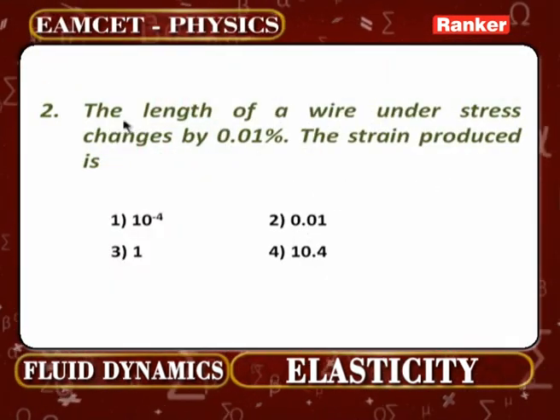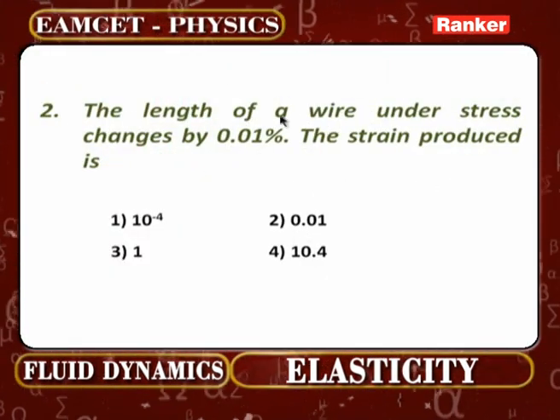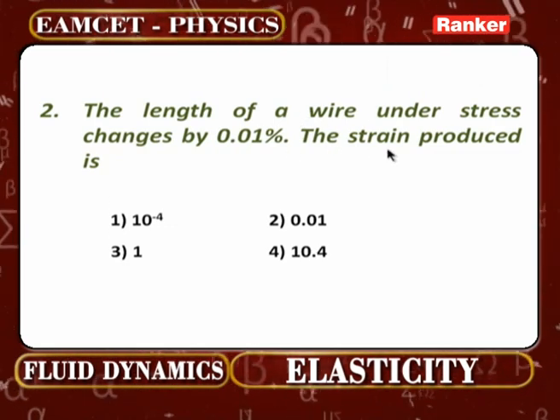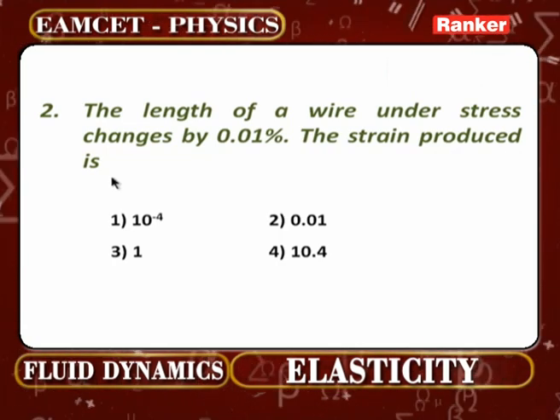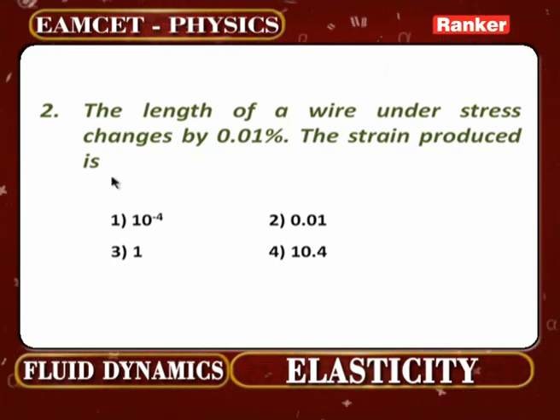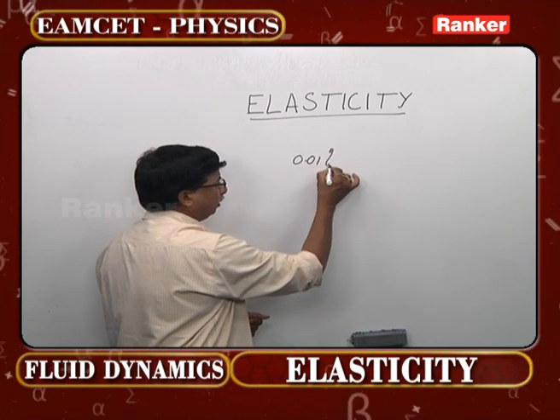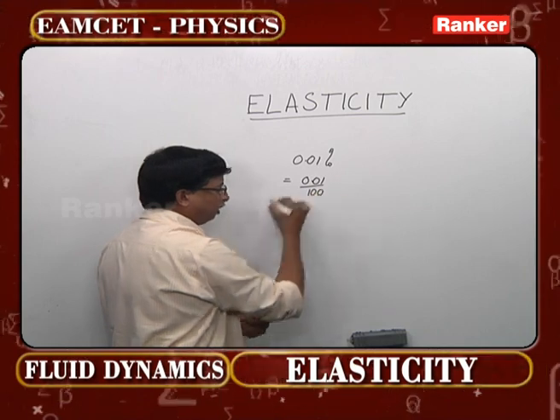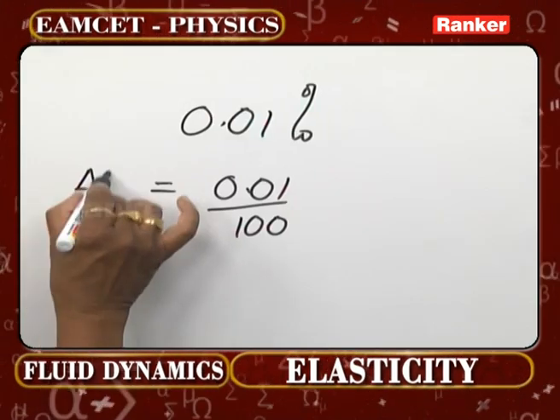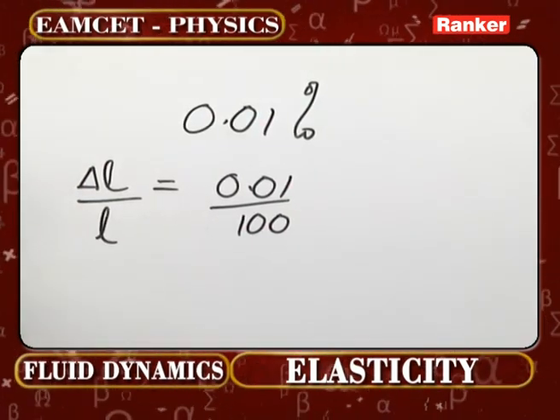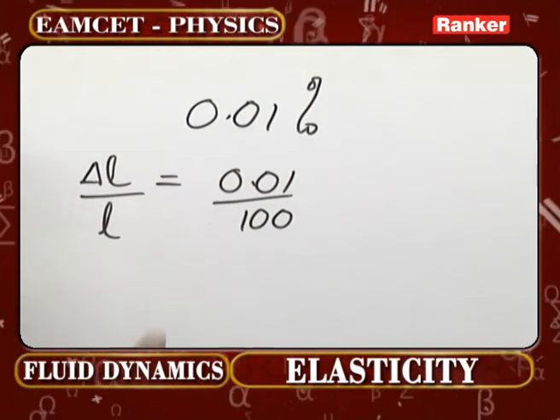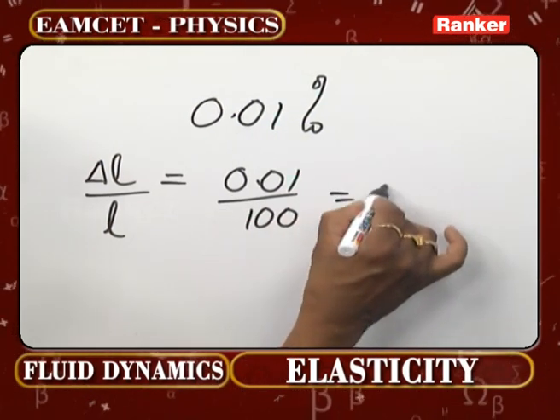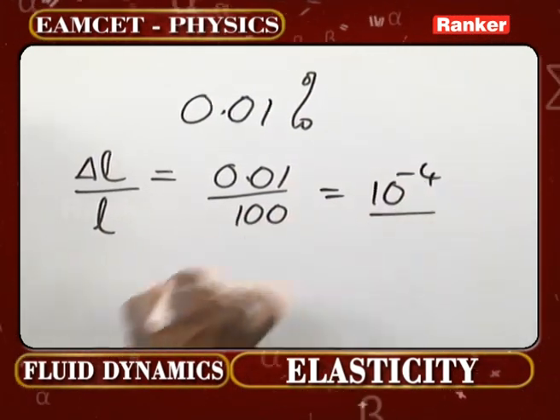Problem number 2 in this case. The length of a wire under stress changes by 0.01%. The strain produced in it is how much? One should understand 0.01% mathematically means 0.01 by 100. You definitely can understand it is nothing other than delta L by L. This becomes change in length. This becomes original length. Like 0.01% means is it not simply 10 to the power minus 4 please?